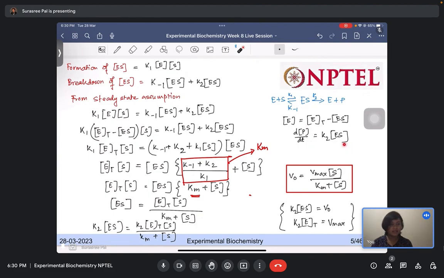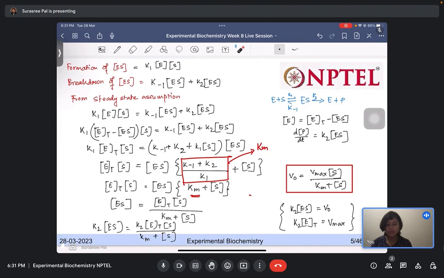From this, in the next step we multiply by K2 on both sides. So we get K2 into ES equals K2 into ET into S divided by Km plus S.